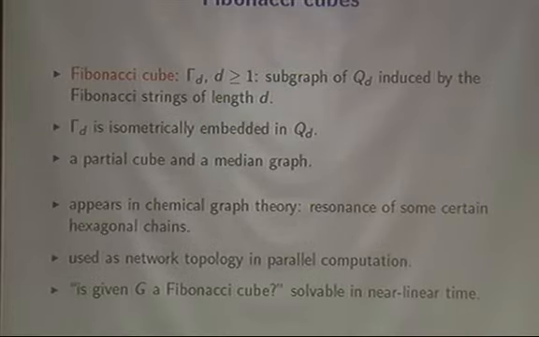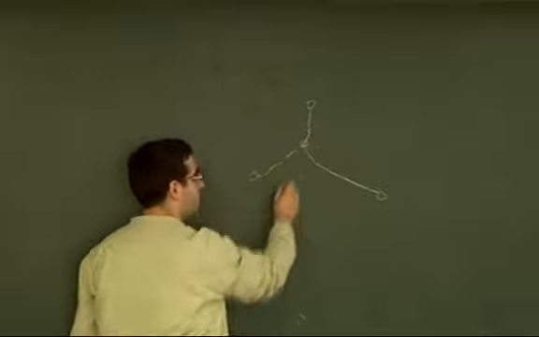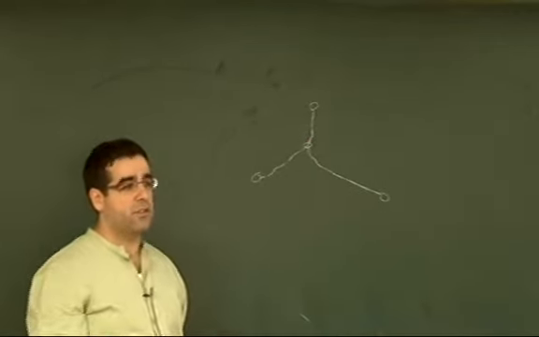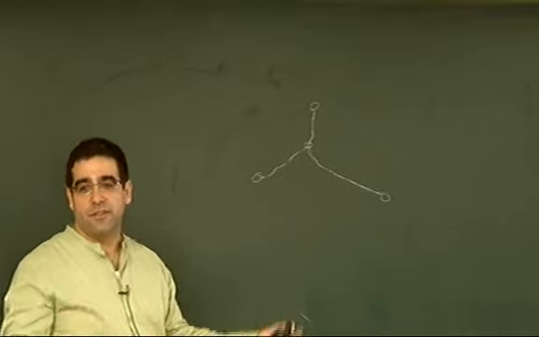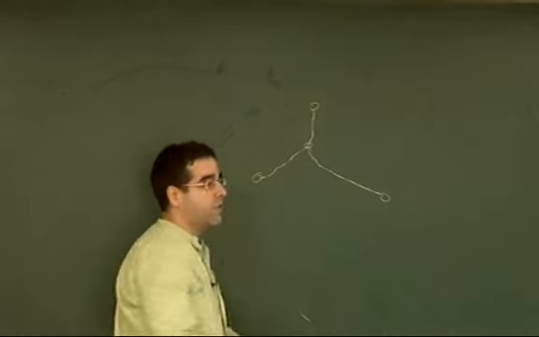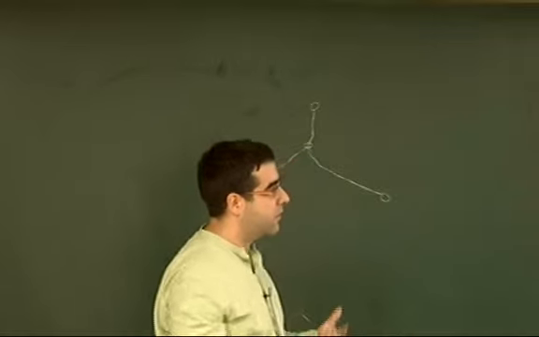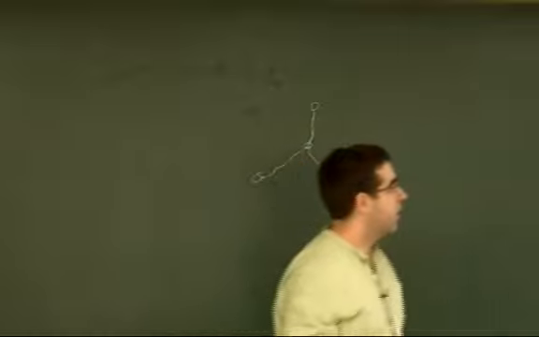If the intersection of all of them is precisely one vertex, and this holds for all triples, this is a median graph. It sounds complicated, but it's extremely useful. When your graph is median, you have a lot of properties. In particular, it is a partial cube. This vertex is called the median of the 3 vertices.